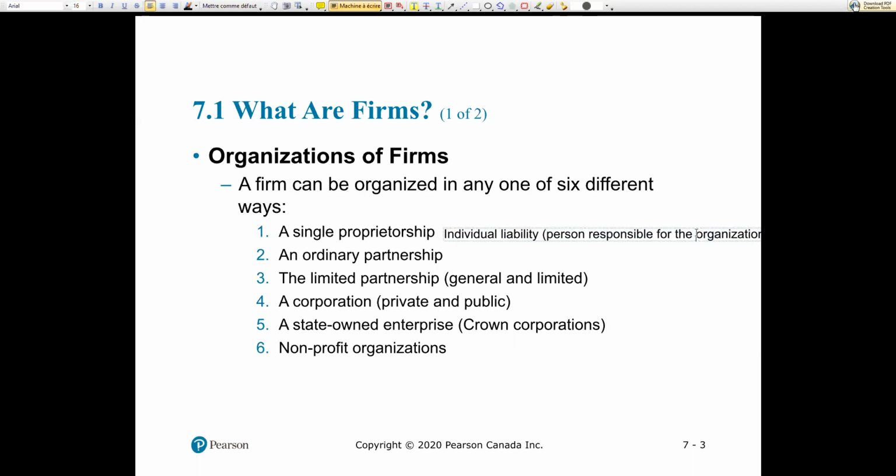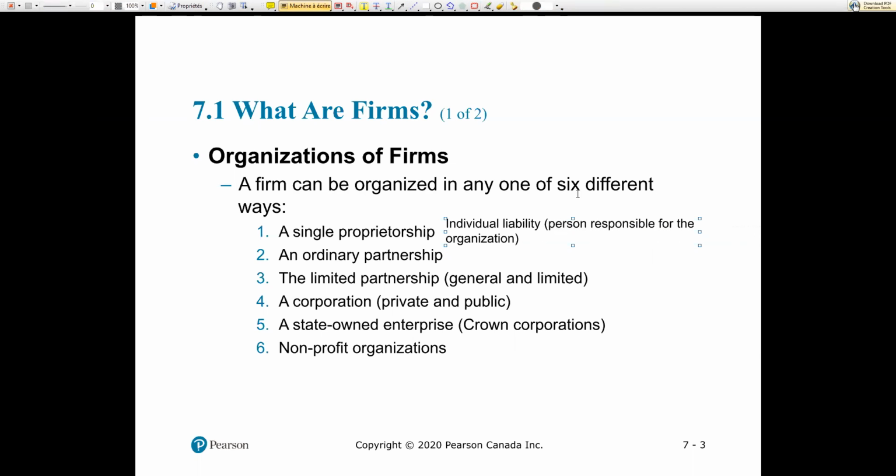And then, well, if I don't pay you back, you can seize everything I own, because I'm borrowing in my own name. That's what it means. So it's the smallest sort of firm you can get. An ordinary partnership is the same as a single proprietorship, but it's a group of people together.